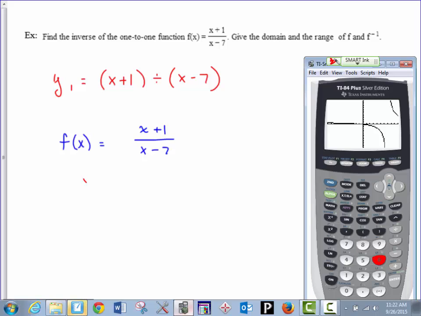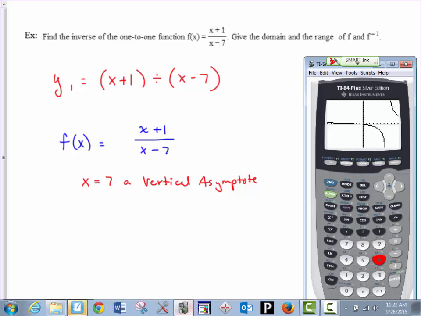So in other words, we know that x equals 7 is not in the domain of my original function. We call x equals 7 a vertical asymptote. Later, we will learn that an asymptote is a line that our graph gets drawn towards, but in this case cannot touch.